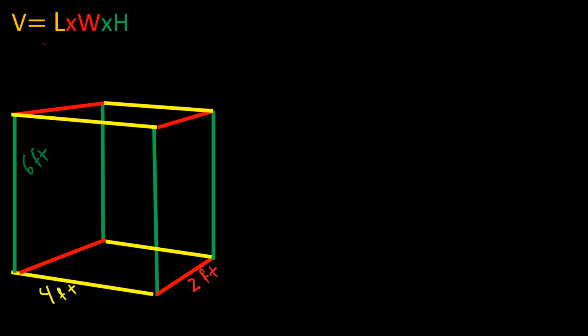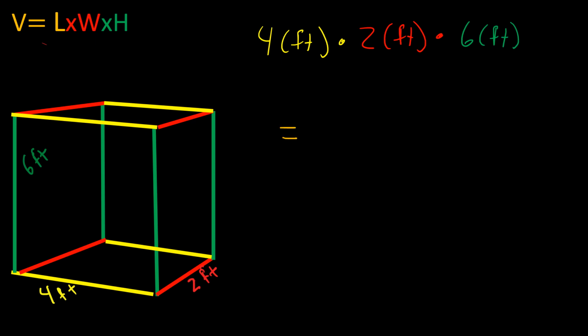Our length is 4 feet, multiplied by our width, 2 feet, multiplied by the height, 6 feet. 4 times 2 is 8, 8 times 6 is 48. So my answer is 48 feet cubed.